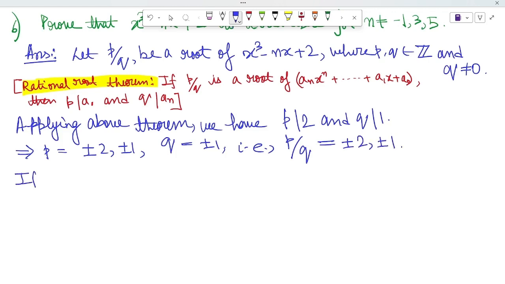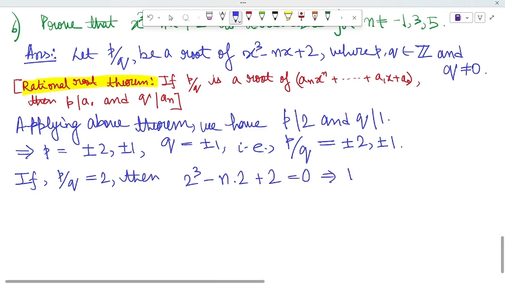So if P by Q is 2, then 2 cube minus n into 2 plus 2 equal to 0, implies 10 minus 2n equal to 0, implies n equal to 5.